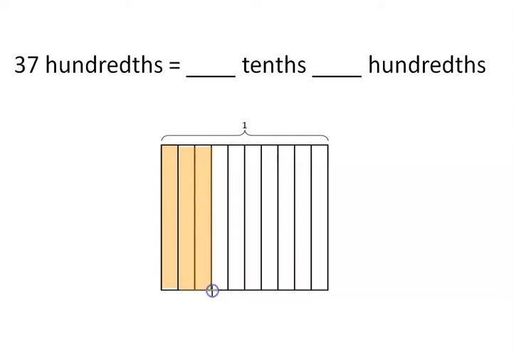But then I also have an extra 7. So it wouldn't be this whole bar, it would be about that, and that's 37 hundredths. So I have 3/10, 1, 2, and 3. And then a little bit extra I have is the 7 hundredths.